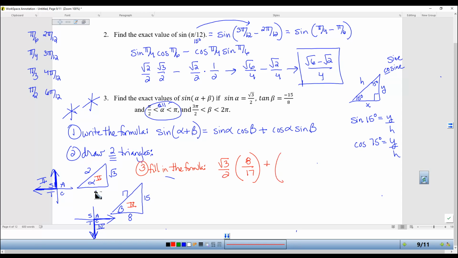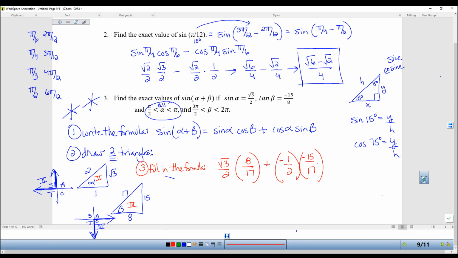Cosine of alpha is 1 over 2, but I'm in quadrant 2, so it's negative. And then sine of beta is opposite over hypotenuse, 15 over 17, but because it's in quadrant 4, it's negative. And again, if you had forgotten forecast completely, you actually would have gotten this one right, because negative times negative would make it positive.